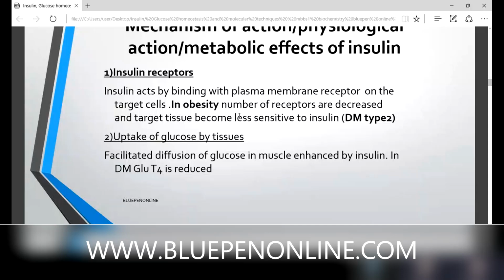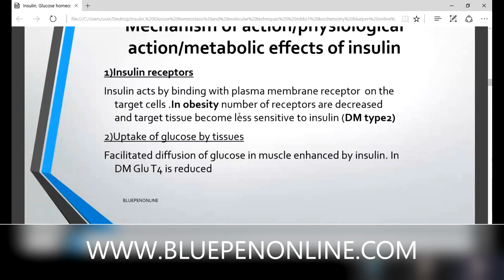It's a protein. When it is reduced, glucose uptake cannot occur. So glucose utilization decreases.